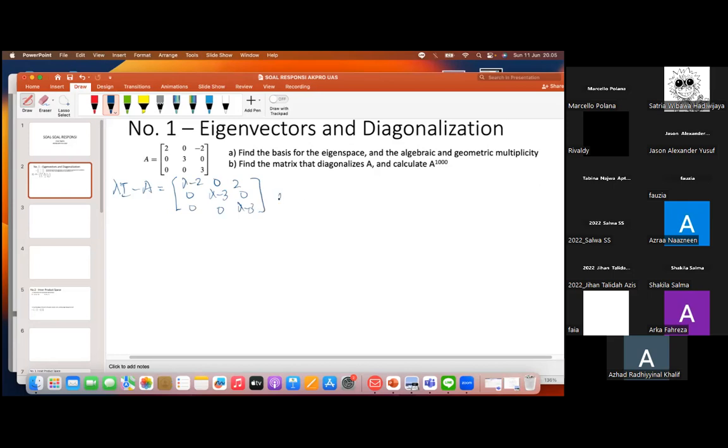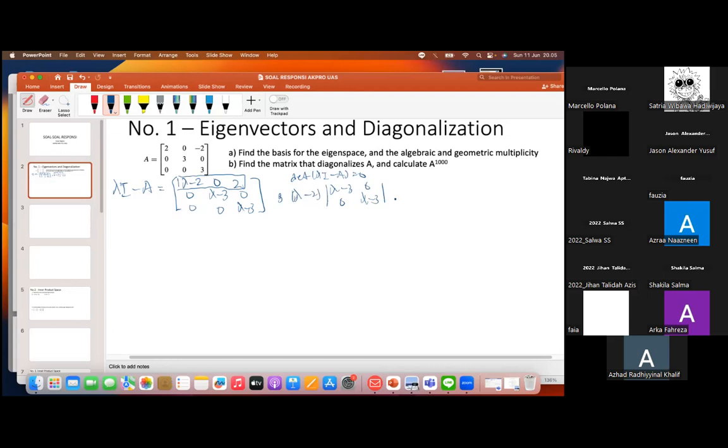Next, I find the determinant of lambda I minus A equals 0. For the determinant, we take the cofactor expansion on the first row. This is the general procedure, we just do the first row. There's a 0 here, so we ignore this.